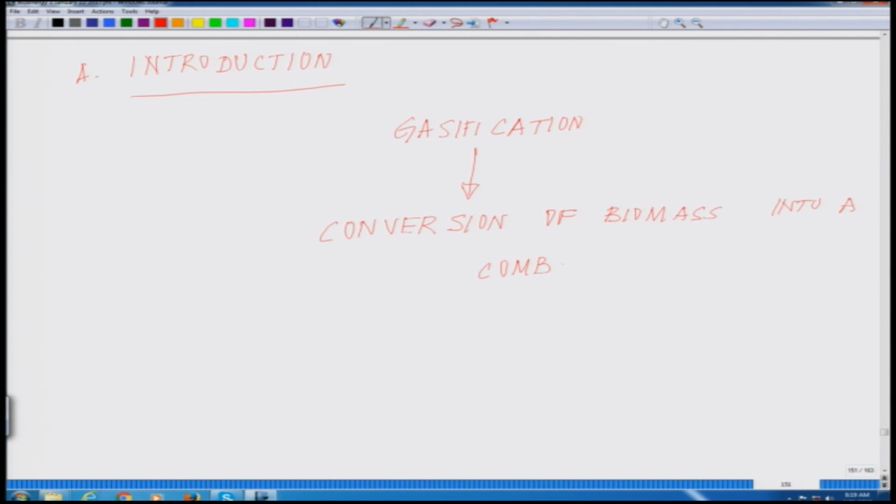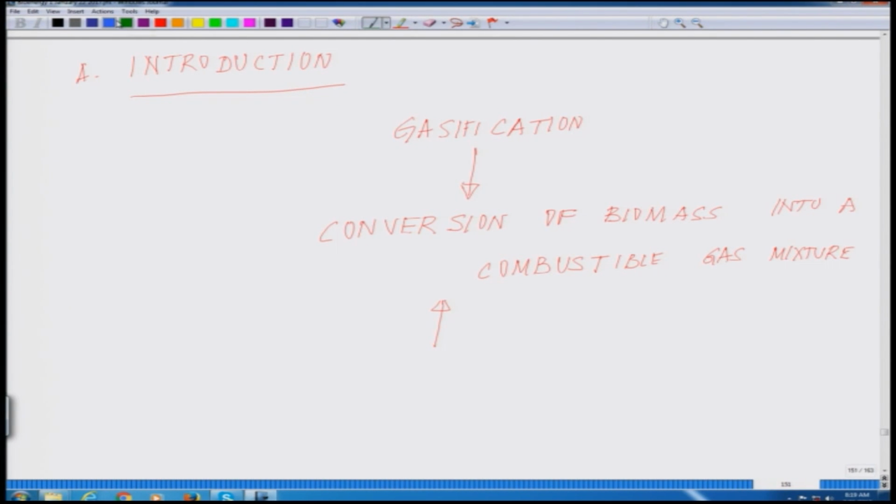We will talk about what that gas mixture consists of. Okay. Combustible gas mixture. This is the basic process, and how we do it.